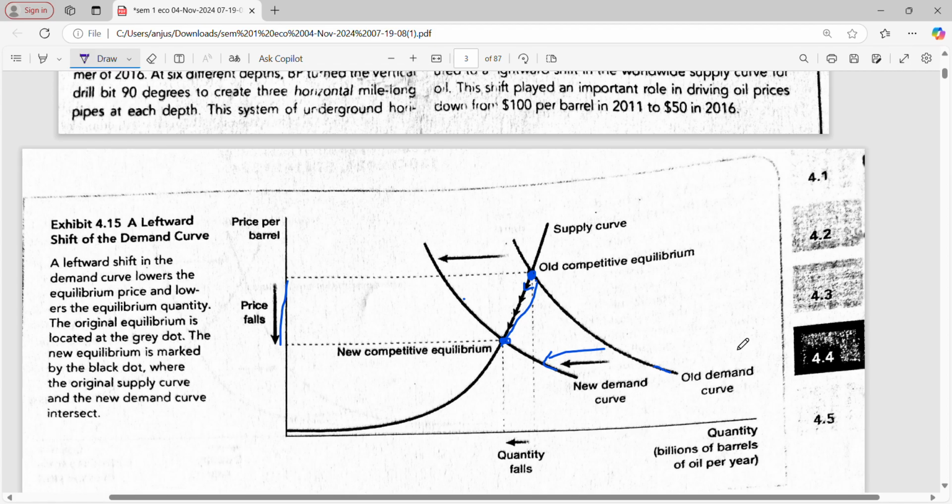But in this graph we can see that the price is decreased. Earlier it was here, now the equilibrium price has decreased to this point. But then the demand also decreased. First the demand was here, but the demand also decreased. Price also decreased. So what would be the reason?